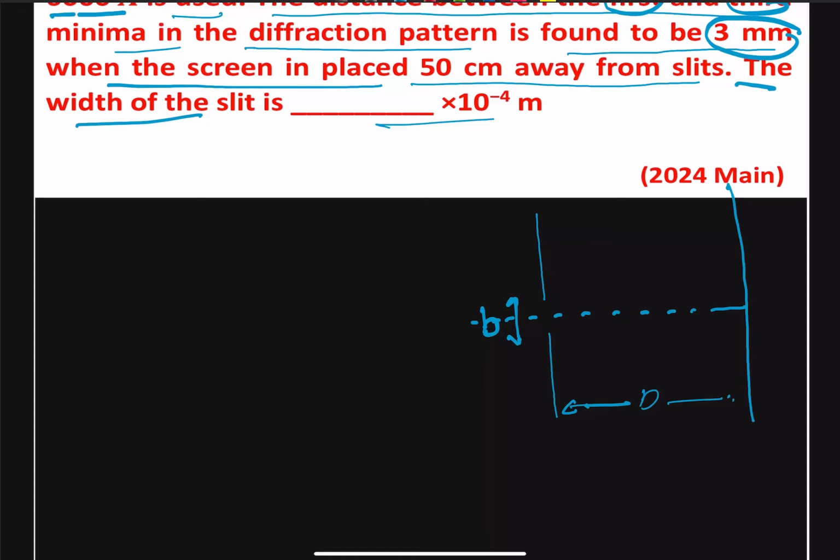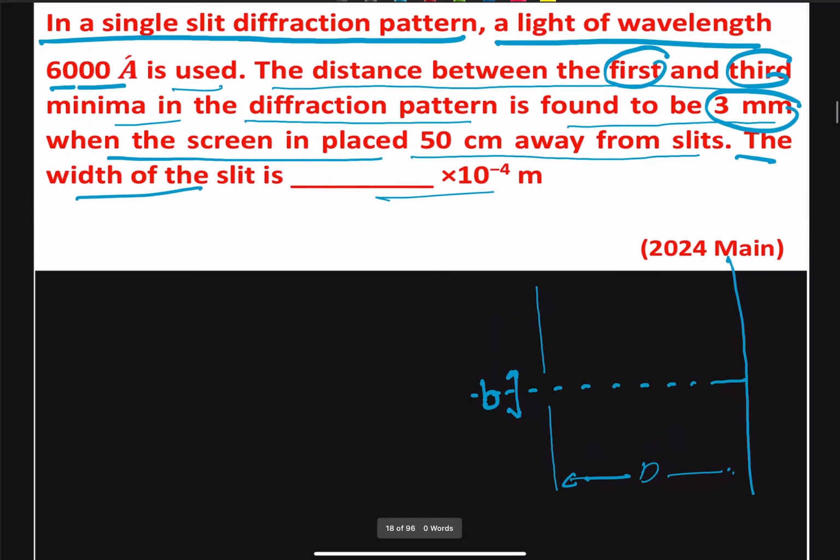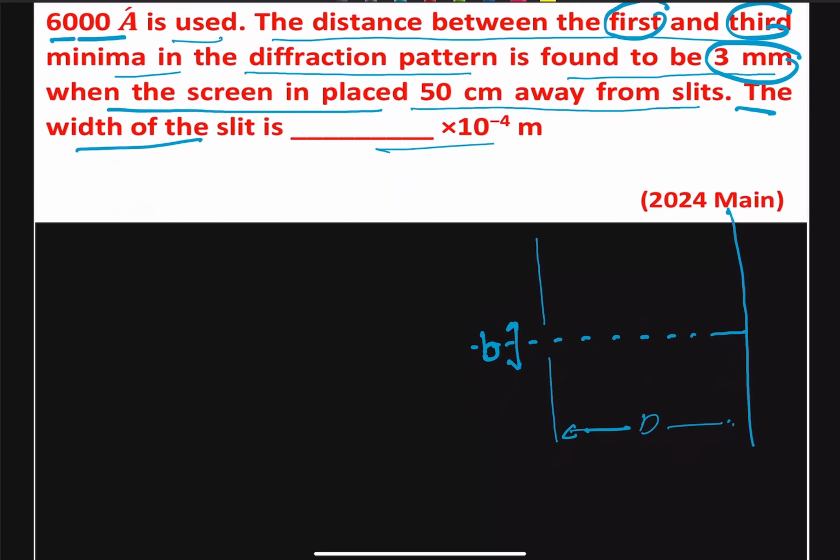The first minima is, let us suppose, at point B, let us call this Y1, and the third minima, let us call this point A. This distance will be our Y3, and we are given that Y3 minus Y1 is equal to 3 mm.